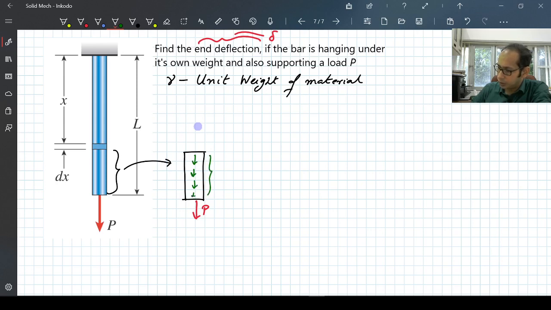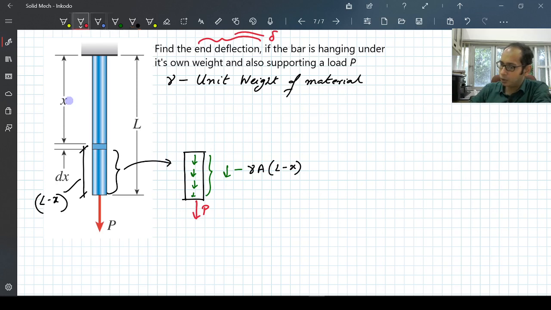So this self weight is nothing but gamma times the area of cross section A and this particular length. The total length of the bar is L and we have this x over here. So this particular length is L minus x, right? So it is gamma A times L minus x, right?